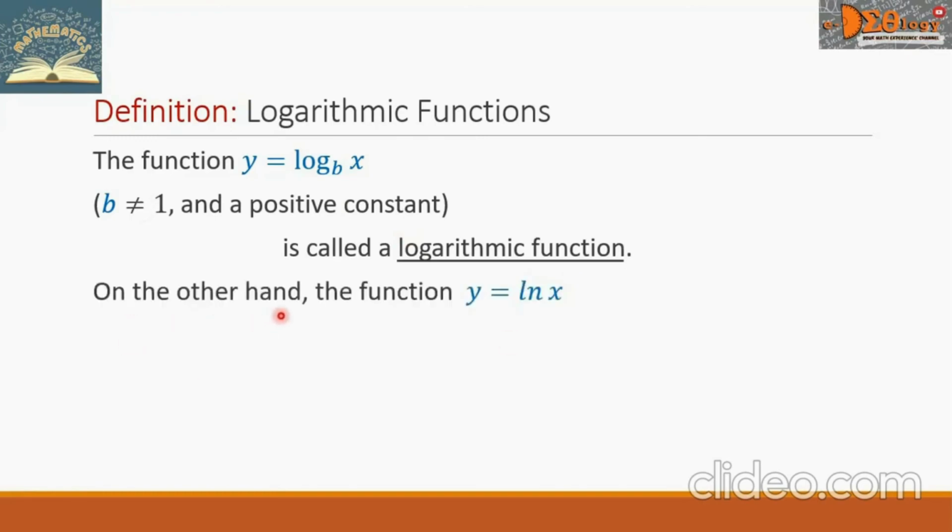On the other hand, the function y equals natural log of x, in symbol we write ln x, is a logarithmic function with base e.